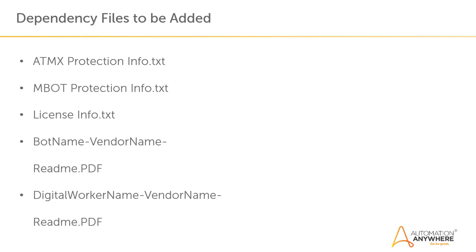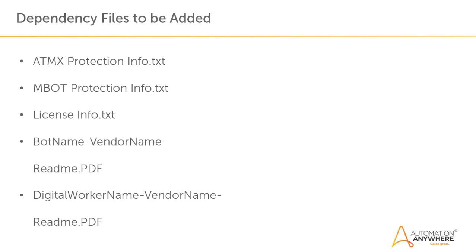Dependency files to be added. Here is the list which has to be added to the zip package. ATMX protection info.txt that contains the list of ATMX files to be protected. mbot protection info.txt that contains the mbot files to be protected.